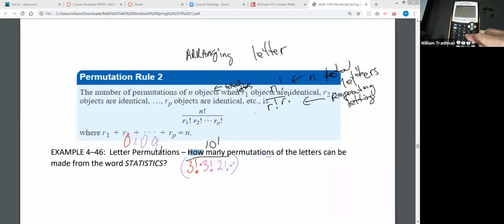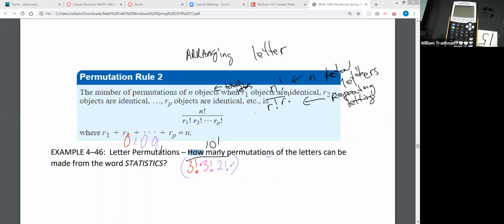So divided by parentheses, 3 factorial times 3 factorial times 2 factorial, and close the parentheses.